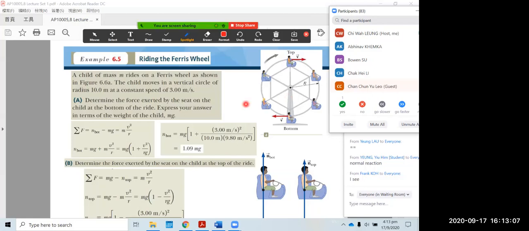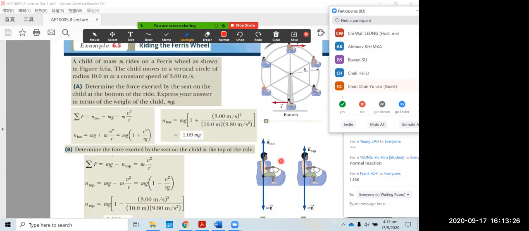As we will see, when the boy is riding on the Ferris wheel, sometimes he is at the top, sometimes he is at the bottom. For example, when the boy is at the bottom of the circular orbit, what are the forces acting on him? It would be the normal force at the bottom, acting on the boy from the seat.